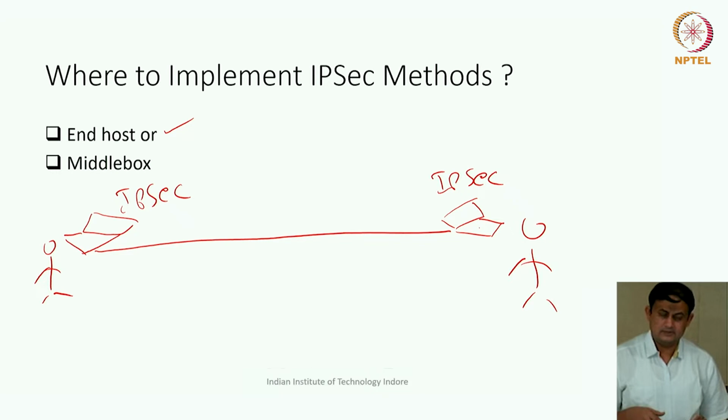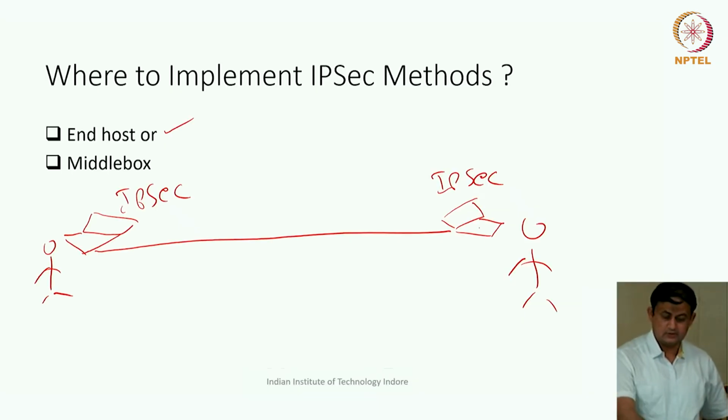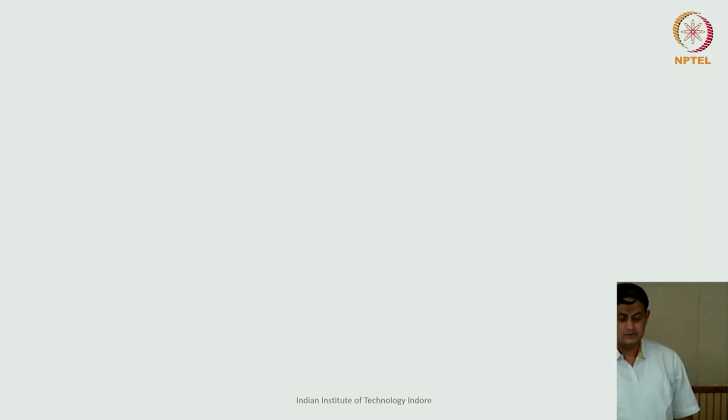Unless the end user, in the case where the remote user is sitting at home and trying to access, unless that happens, this is not used. But the other prominent use case is you do not implement it in the end host, but inside something called a middle box. The scenario goes something like this.